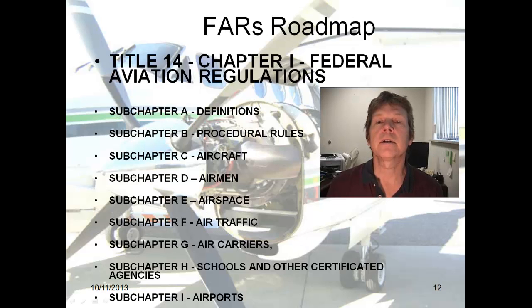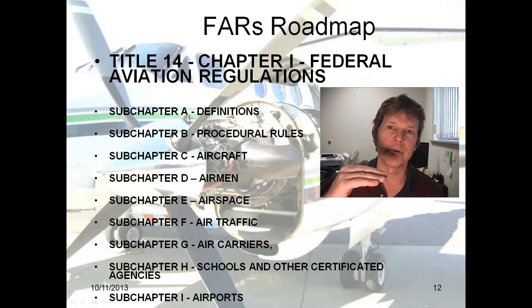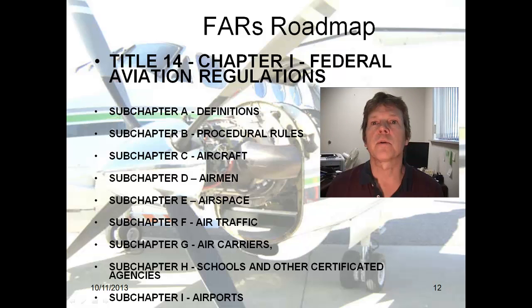So here are the aviation regulations, and if you see, we have groupings, we have chapters on them. The chapter is actually all of the regulations, and then we have subchapters. The subchapter is the next logical grouping right below the chapter. And so here we have Subchapter A, definition, Subchapter B, procedural rules.